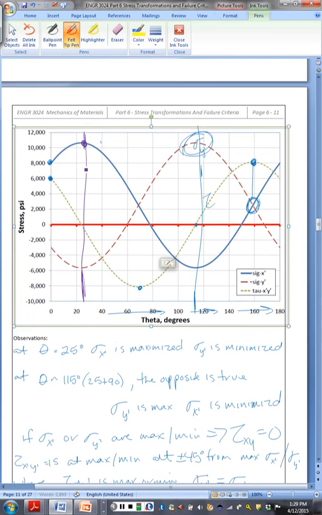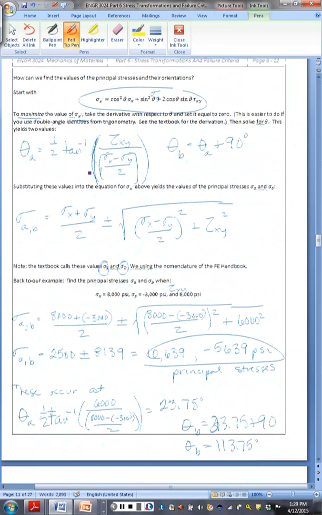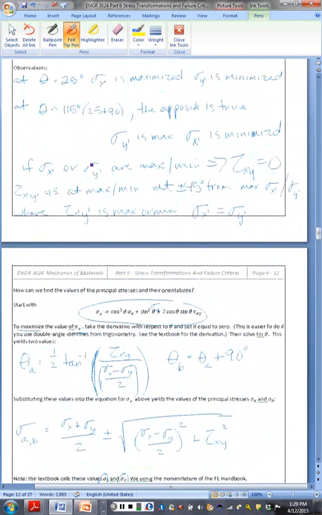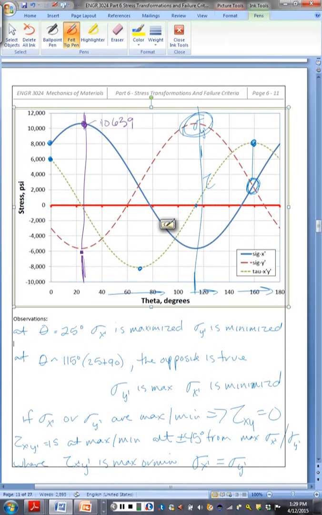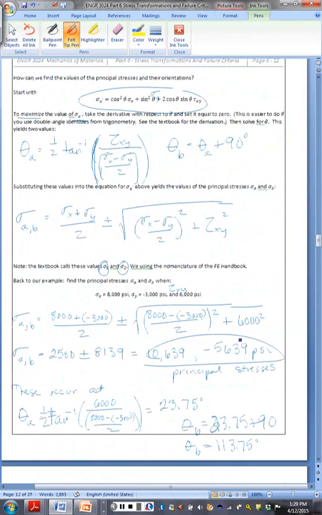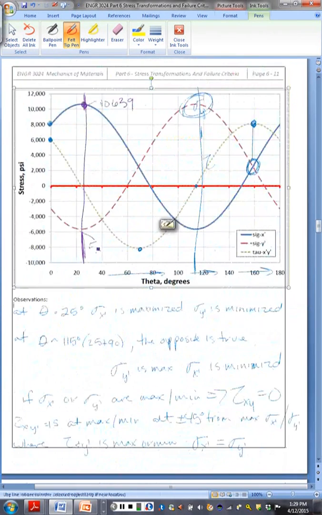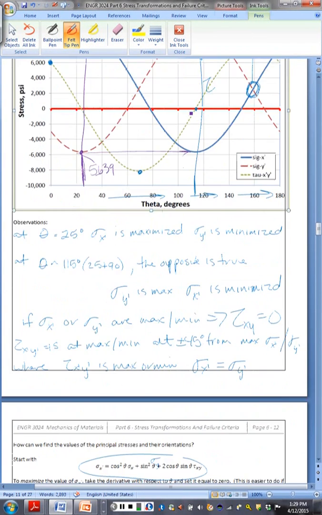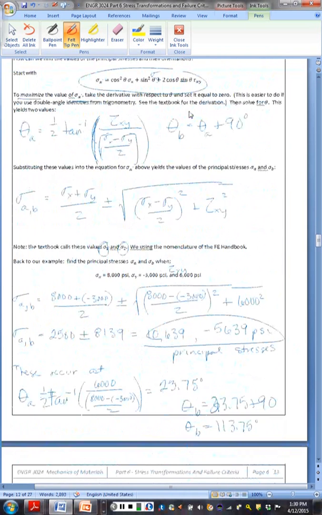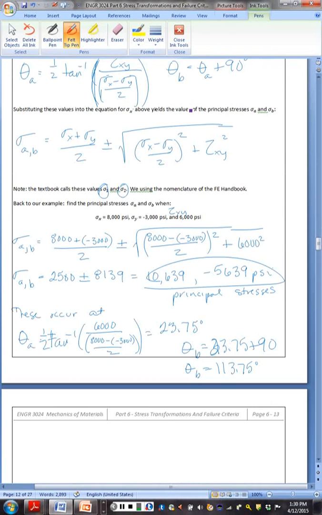That value is 10,639. This value is minus 5639. This occurs at 23 3/4 degrees. 90 degrees separated from that, you have the other principal stresses at 100 and almost 14 degrees.